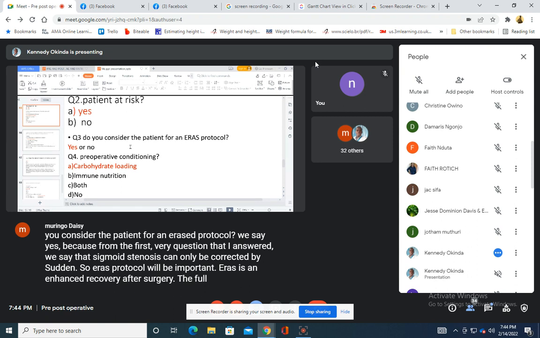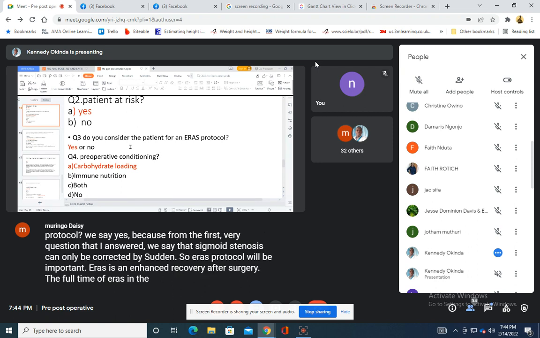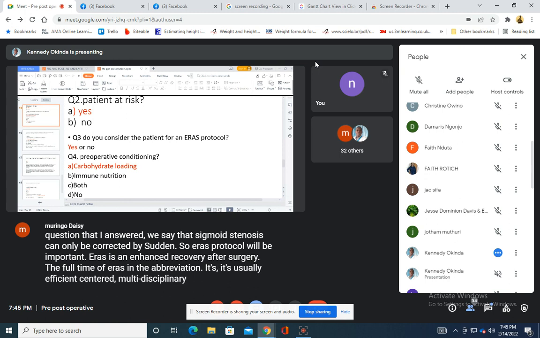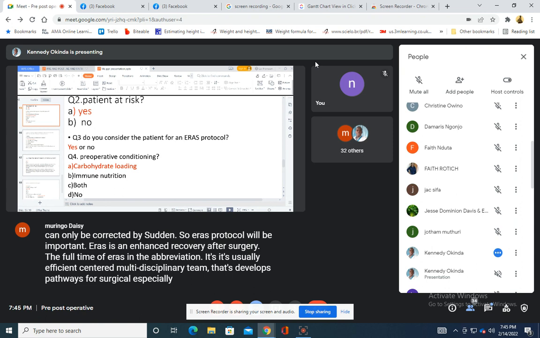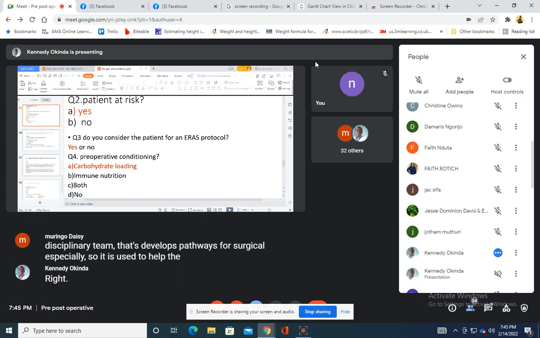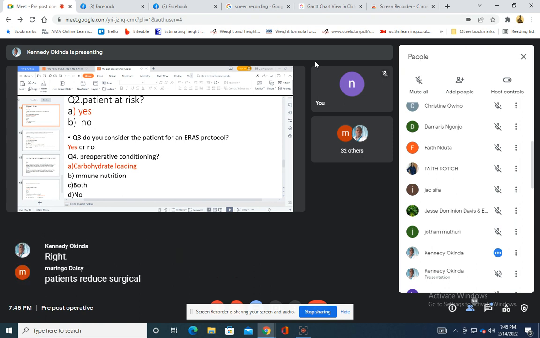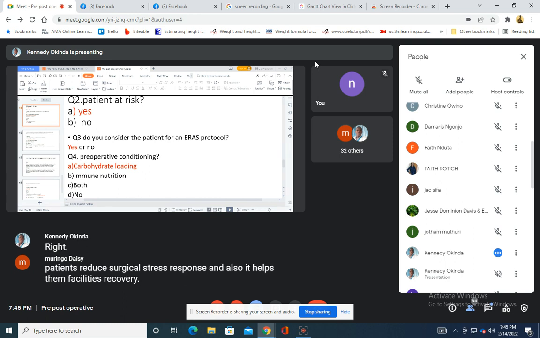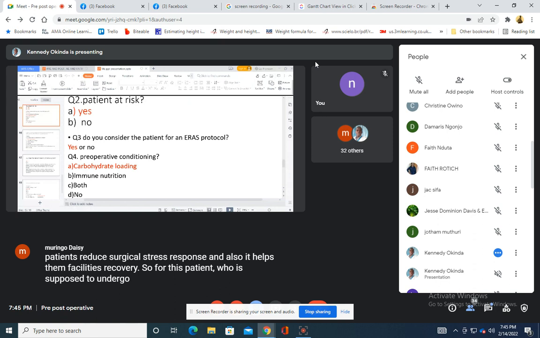It is usually a patient-centered multidisciplinary team approach that develops pathways for a surgical specialty. It is used to help patients reduce the surgical stress response and facilitate recovery. So this patient, who is supposed to undergo surgery, is qualified.